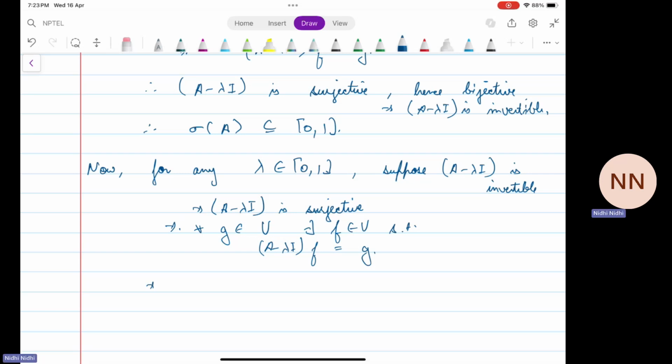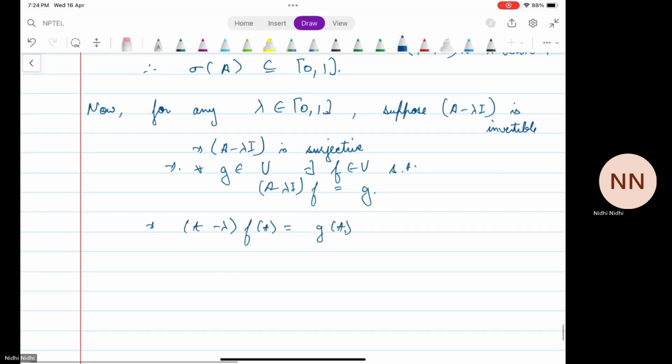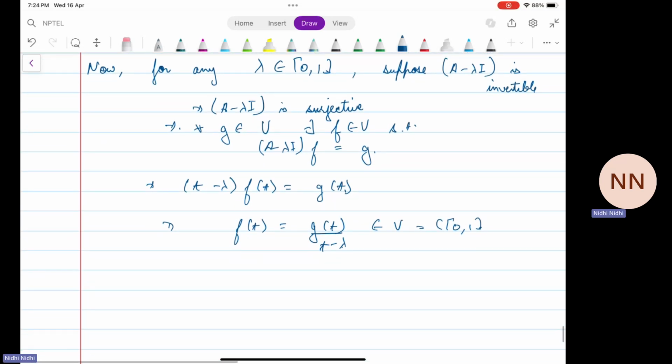And this is t minus lambda f(t) is equal to g(t), implies f(t) is equal to g(t) by t minus lambda belongs to V because f is in V, which is C[0,1]. But since lambda is equal to some t naught, therefore this f will fail to be continuous at that t naught, which will give us a contradiction.